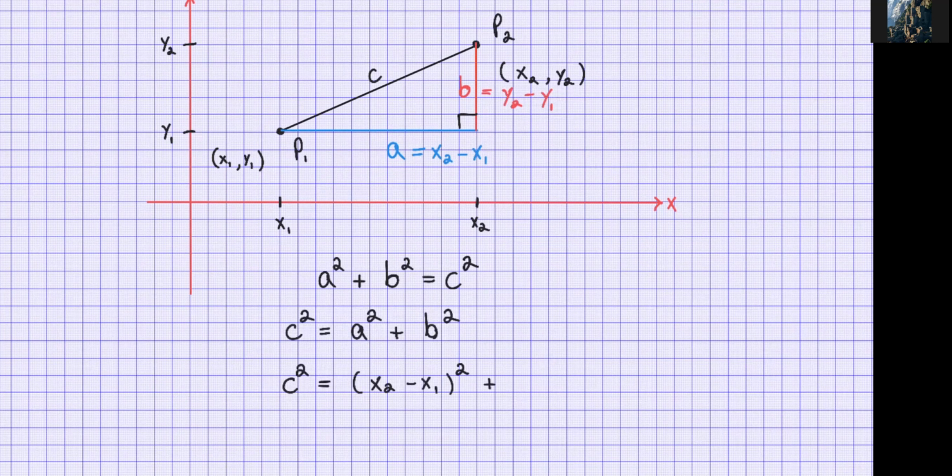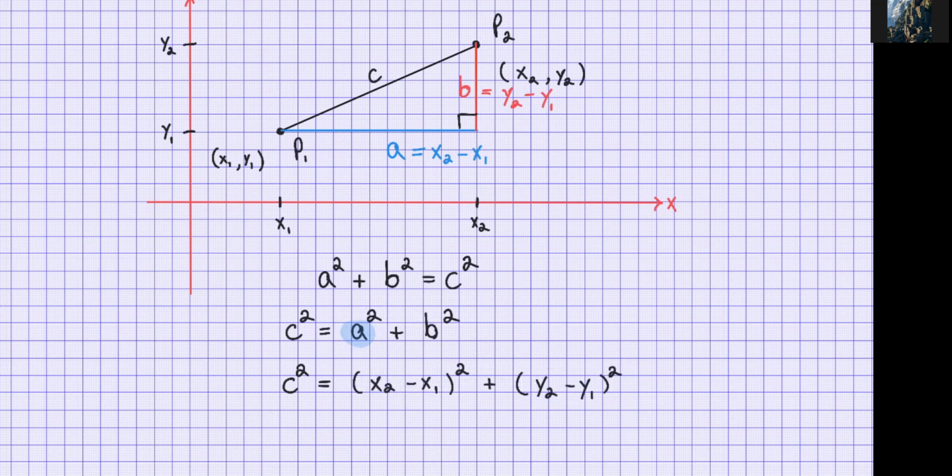And I will do exactly the same for B. In this case, B will be y2 minus y1, so y2 minus y1 squared will be the substitution. So one more time, this is A, and I have the square right here. This is B, and in the same way, I have the square right here. So you see it's exactly the same formula.